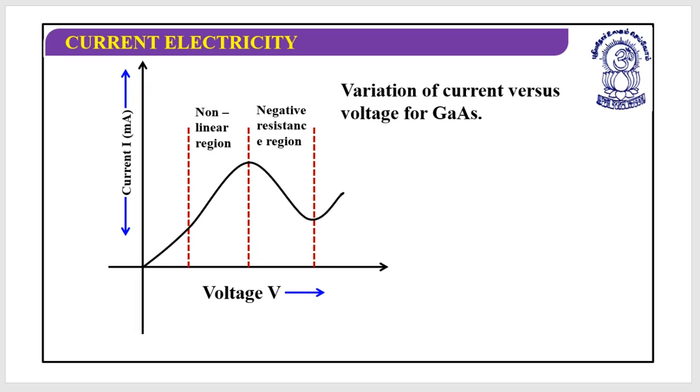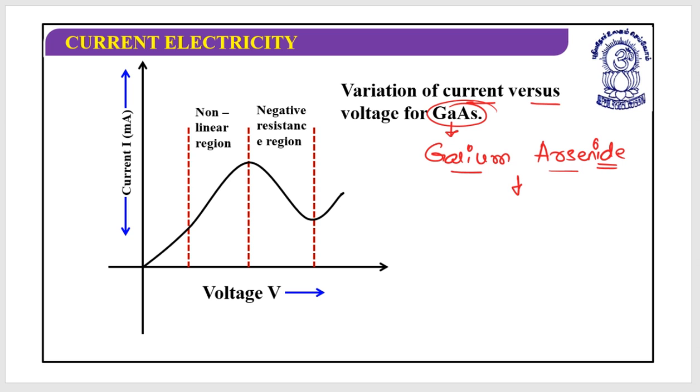Yes, this is the variation of current versus voltage for gallium arsenide. What happens in gallium arsenide? It is again a semiconductor component. Basically it is made up of two different materials, gallium and arsenic.